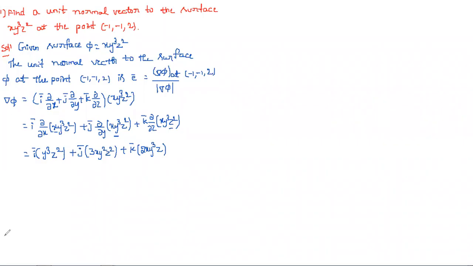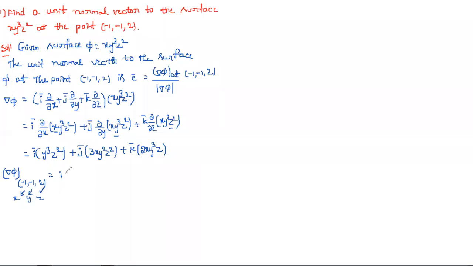And now we need to find del phi at a specific point. Del phi at the point (-1, -1, 2). So this is equal, now you have to substitute. This is x, this is y, and this is z.